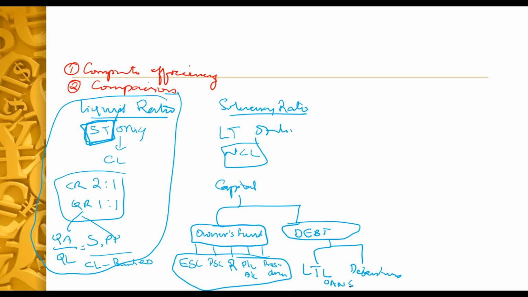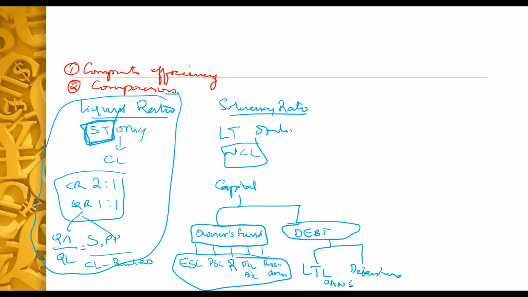As an MBA grad, even if you are taking any specialization, you have to know the company needs its own capital. It can be classified into two: owners fund or shareholders fund, and debt. The components of owners fund are equity share, preference share capital, reserves, P&L account, and proposed dividend. Are you getting the point?